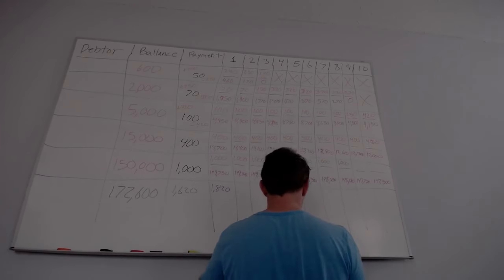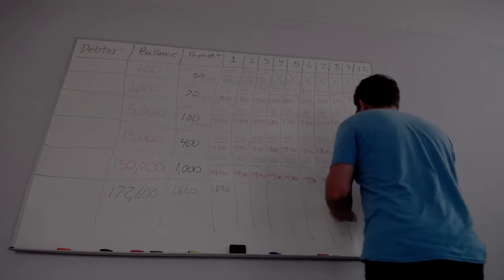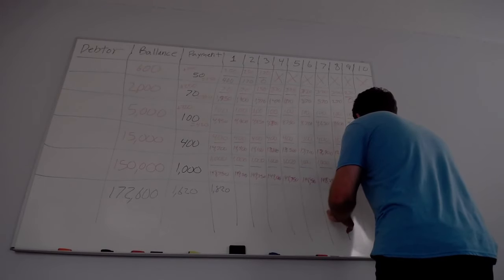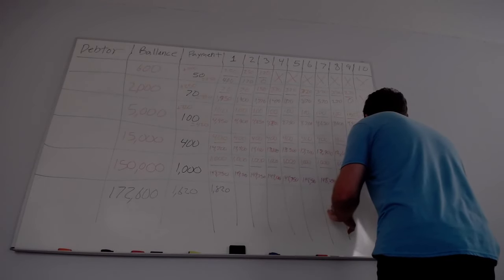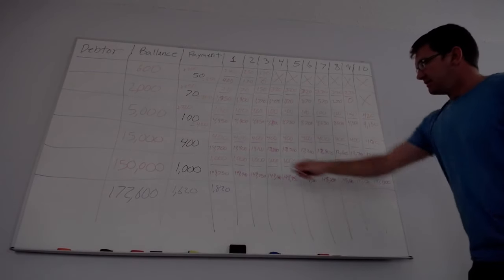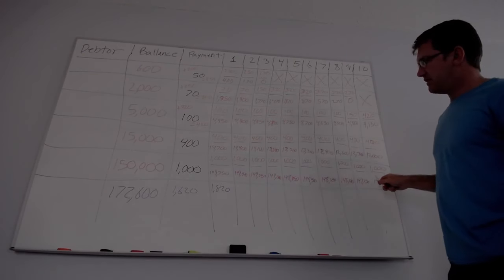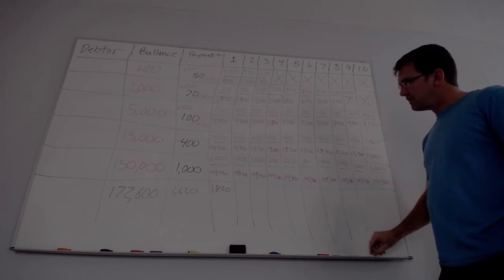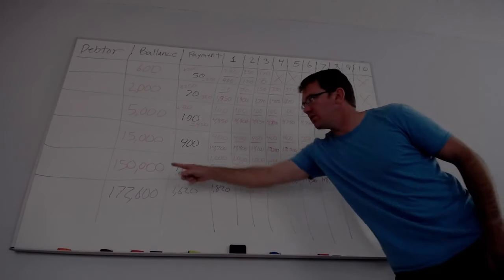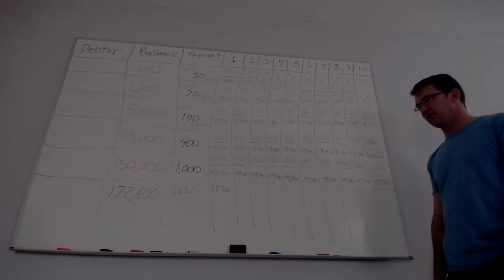Okay, so consistently sending in $1,000 on the house every month, the balance has dropped from $150,000 to $147,500.